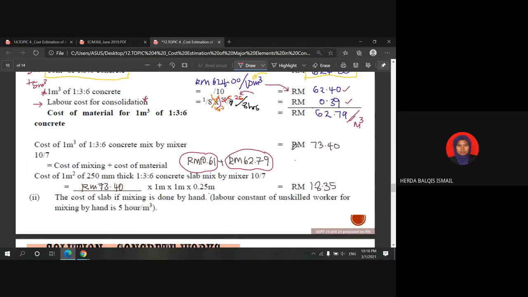Thus, the cost of the concrete mixed by mixer per cubic meter is 73 ringgit and 40 cents.